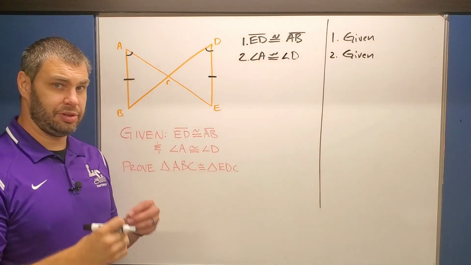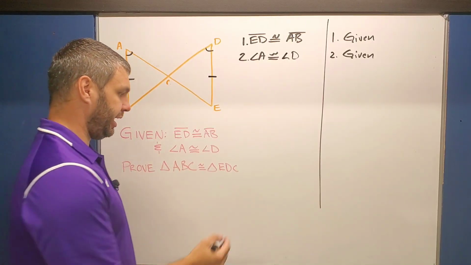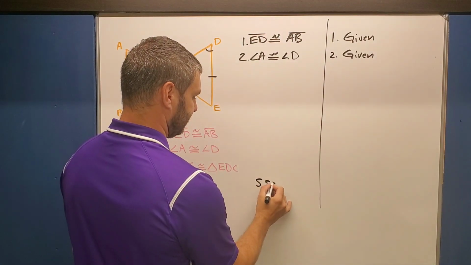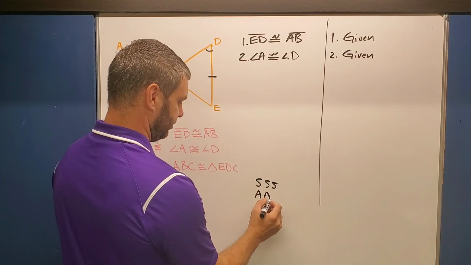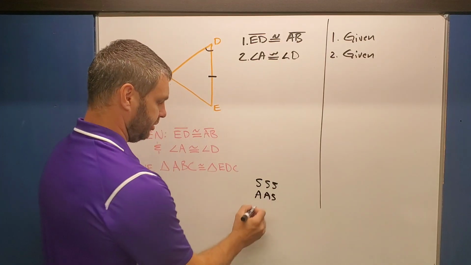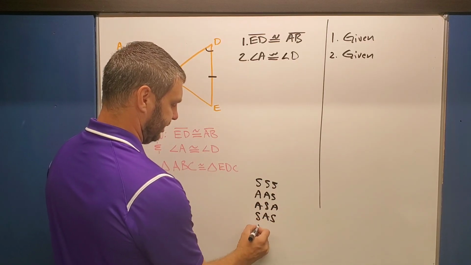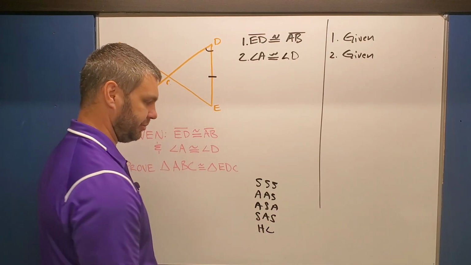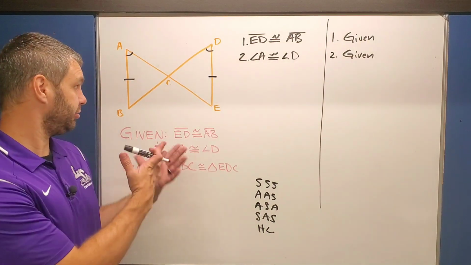Okay, and then if you remember, we only need three things to prove that triangles are congruent. In fact, we have side-side-side congruence, we have angle-angle-side, angle-side-angle, side-angle-side, and then hypotenuse-leg, which only comes into effect when there are right triangles, which we don't have.